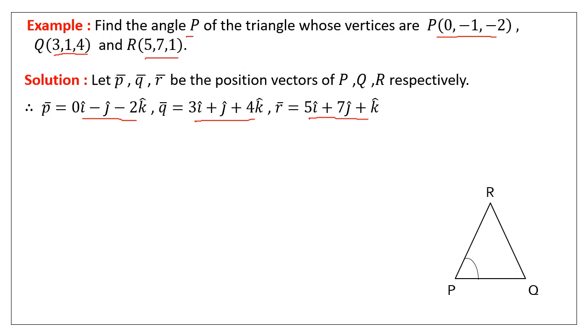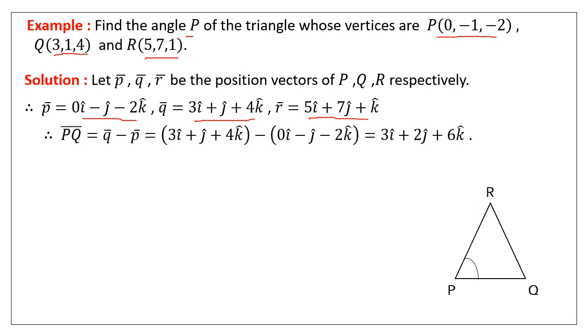Now we have to find the angle P. So we will find PQ bar dot PR bar. First of all, PQ bar equals Q bar minus P bar. Substituting the values of Q bar and P bar, we get 3 minus 0 equals 3 i cap, 1 plus 1 equals 2 j cap, 4 plus 2 equals 6 k cap.